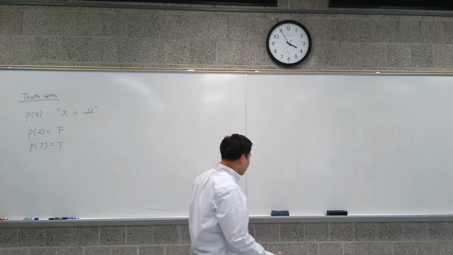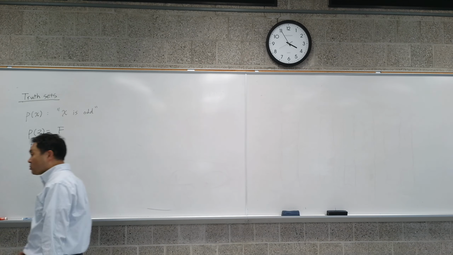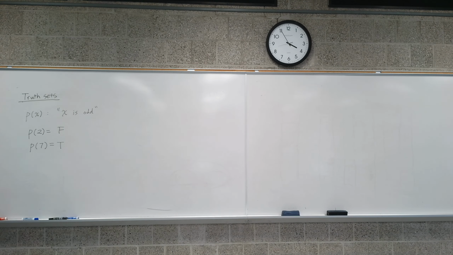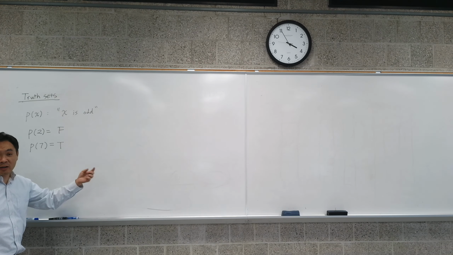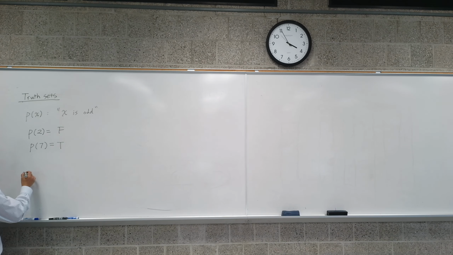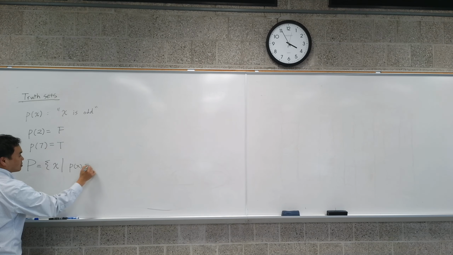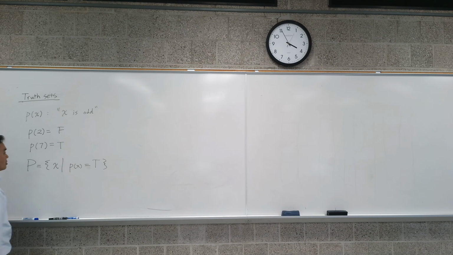So you can have a proposition that depends on a free variable, or you might have x and y. You could have a statement that has x and y, and depending on the value of x and y, it could evaluate to true or false. Now, in such a case, you can define capital P as all the x's that make P(x) true. Okay?